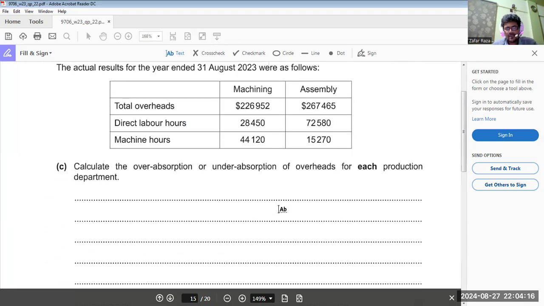Calculate the over or under absorption of overhead for each production department. Now we have the actual results for 31st August 2023, total overheads. We'll write machining department and assembly department.